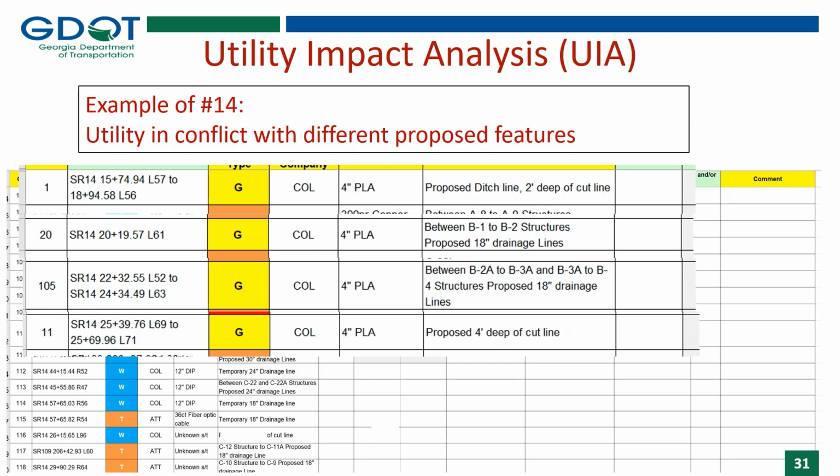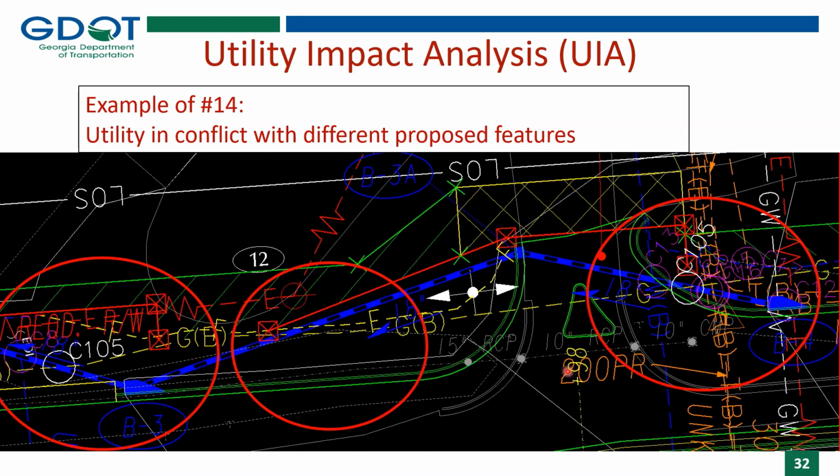If we continue to move along and follow this gas line, the next conflict point is conflict 105. Conflict 105, the gas line is in conflict with this drainage here. This is crossing this drainage here, and it's crossing this drainage here again.